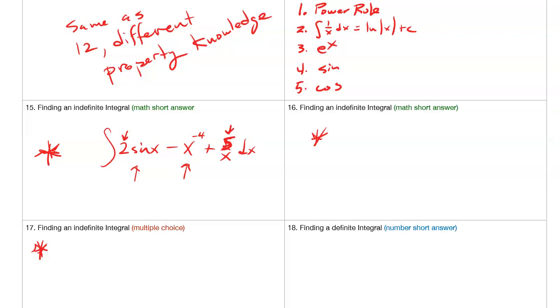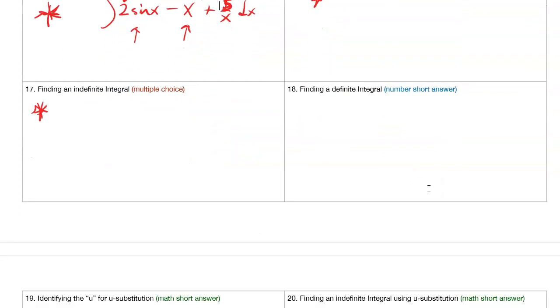So that's these 4 questions. I want to say they're straightforward. It's just what we've been doing all week. So I'm sure you guys are probably a lot more familiar with this because it's newest in your head. And then question 18 is finding a definite integral. A reminder of what a definite integral is: if you are integrating from a to b of a function, your answer would be the integrated equation, plug in b minus plug in a.